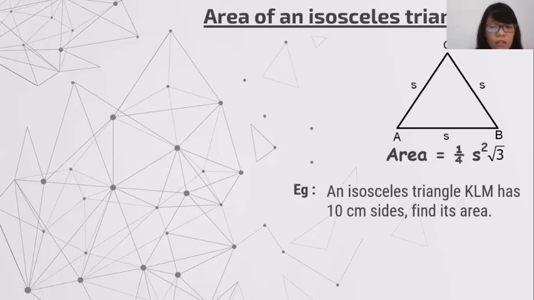Do not be confused about root of 3. Let it still be root of 3. You just need to find the product of 1/4 times 100. So here we have the area of this triangle KLM. It is 25 root of 3 centimeter square. I repeat once again, the area of this KLM is 25 root of 3 centimeter square.